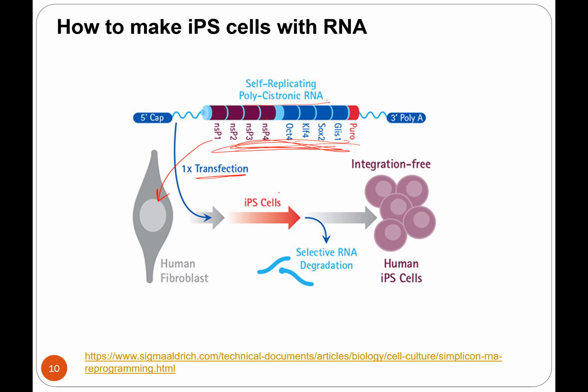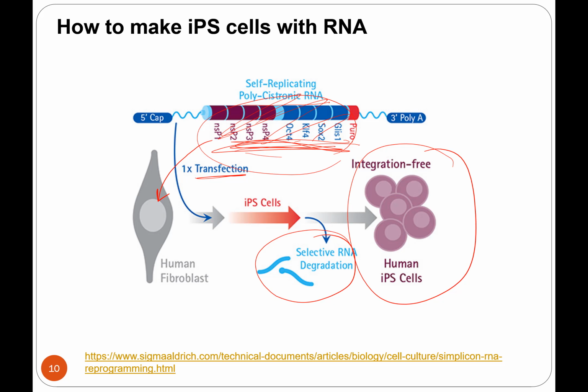The proteins are turning on the genes, and then you remove some kind of drug, and the RNA will be degraded, and now you have induced pluripotent stem cells that don't have any of these transgenes in them. So it's a pretty cool possibility. I have not had a chance to look into the research on how far this has gone.